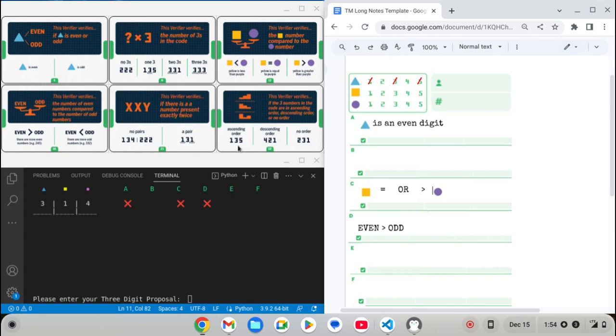By definition, increasing means that you're not going to have equal digits next to each other. So if it's ascending, that would include the idea that there should be no pairs, making criteria card E irrelevant.